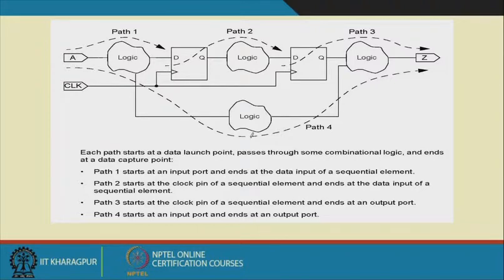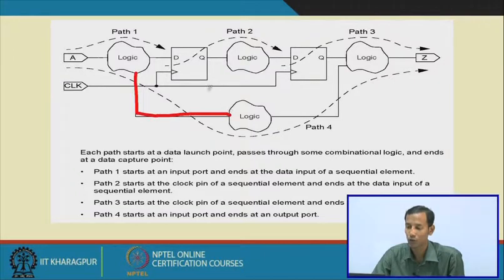Then suppose you see another example, where I have two flip flops and the logic has been placed something like this. Here you see in this logic there are two paths.